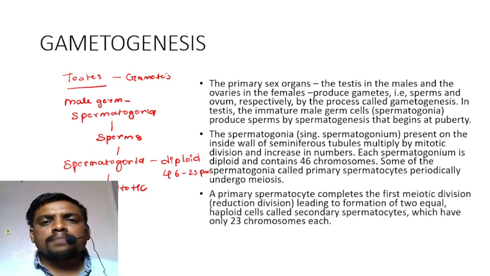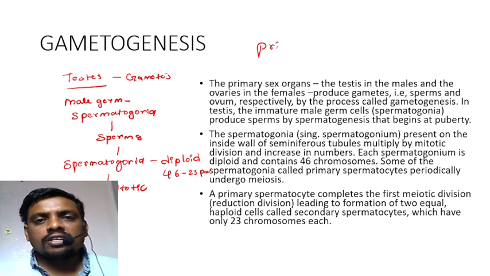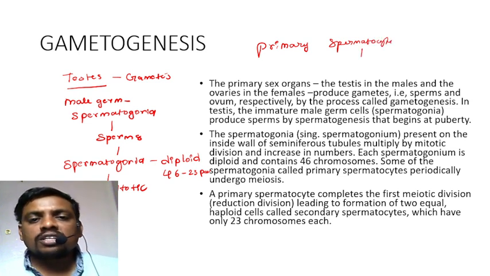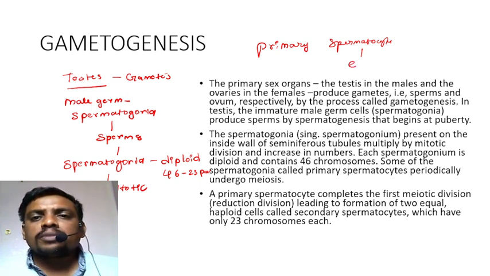A primary spermatocyte completes the first meiotic division, nothing but reduction division, leading to the formation of 2 equal haploid cells.